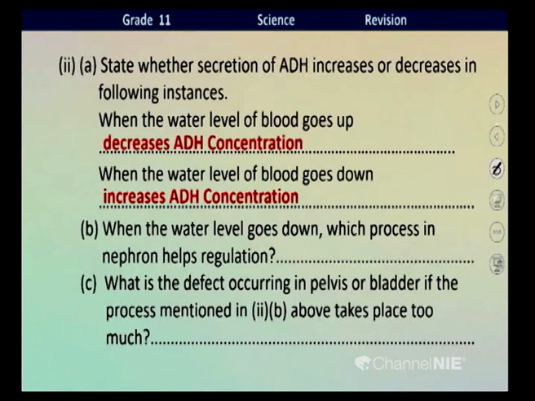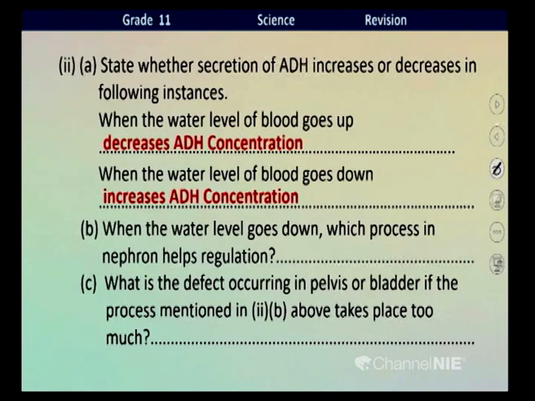You know, children, ADH is secreted by the pituitary gland, right? Then what actually happens when the ADH concentration increases in the blood? This affects the nephrons of our kidney, children, right?